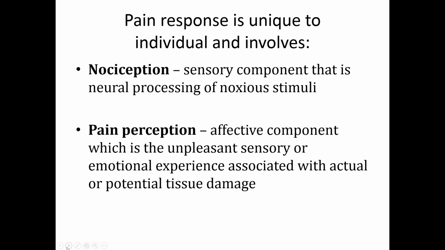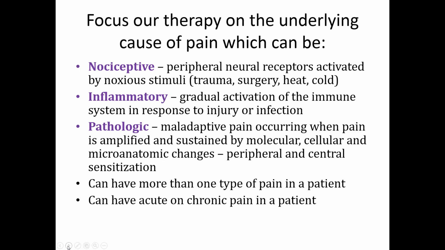All right, so when we're thinking about treating pain, we have to focus on the underlying cause of pain. These aren't exclusive, so not uncommonly we have patients that have all or variations of these three things: the nociceptive component, the inflammatory component, and the pathologic component.